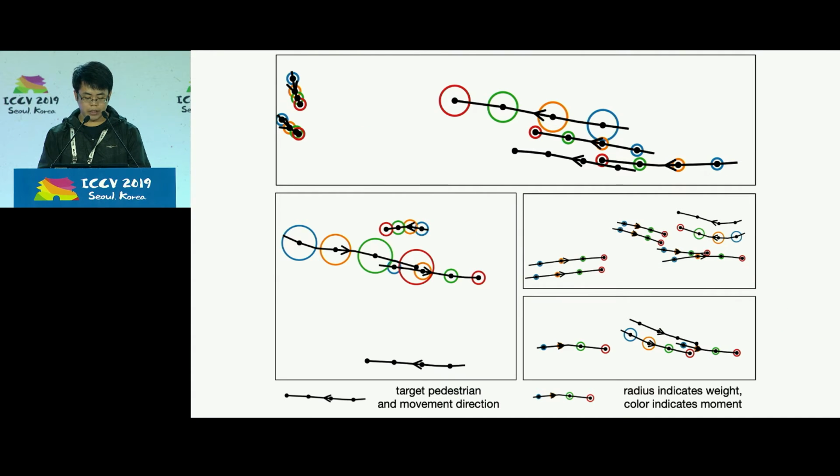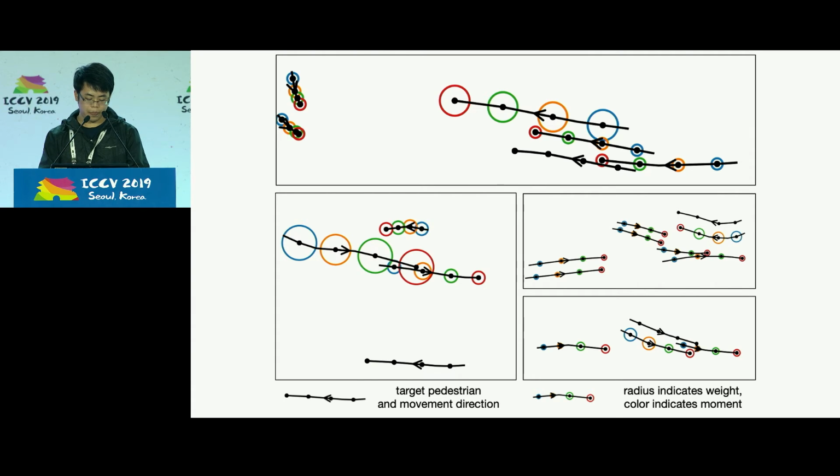We visualize the attention weights. Here are the results in 4 representative scenes. In these figures, the trajectory without circle are the target pedestrian. The radius of the circle is proportional to the attention weight. In the top figure, when surroundings move towards the same direction, the pedestrians in front have more significant influence.